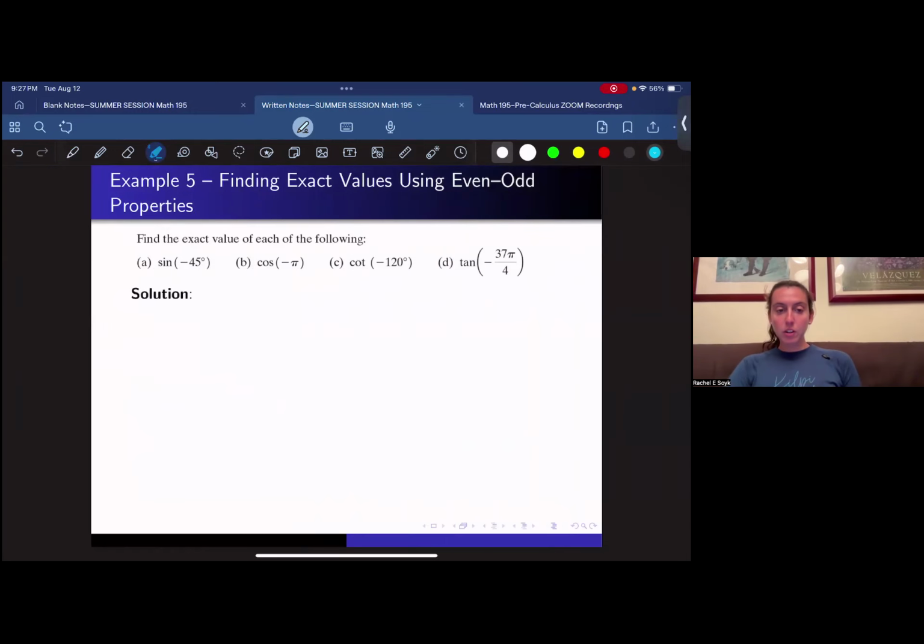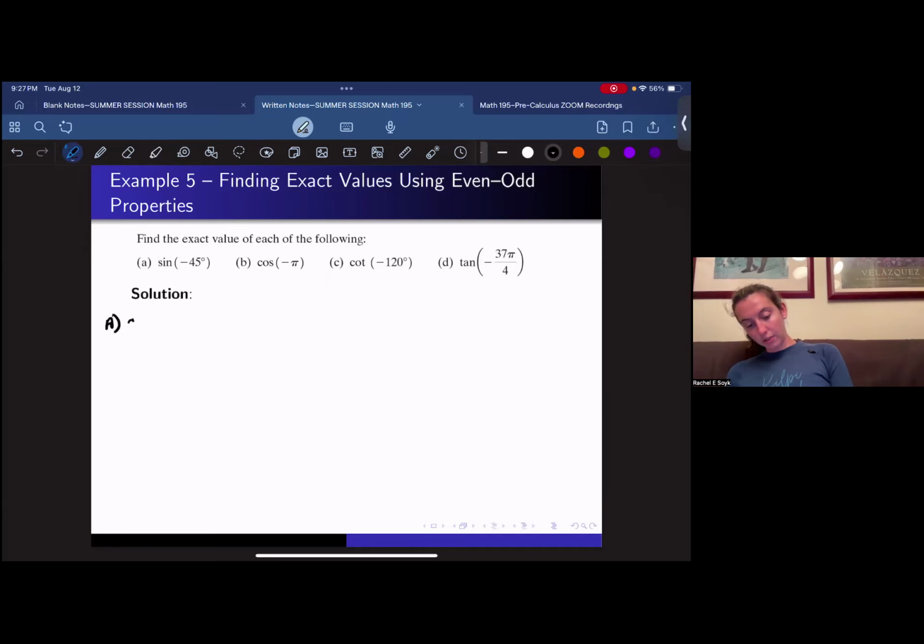Example 5, we're asked to find the exact values of each of these following problems. So part A, sine of negative 45.